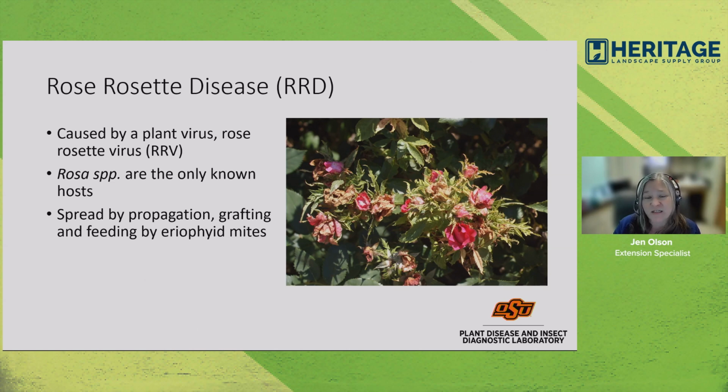So that's how we get it to new locations. It can be spread by grafting. And locally in communities across the nation, it's primarily spread when eriophyid mites feed on an infected plant and then feed on a healthy plant, they can transmit that virus. So shortly, we'll talk a little bit about those mites.